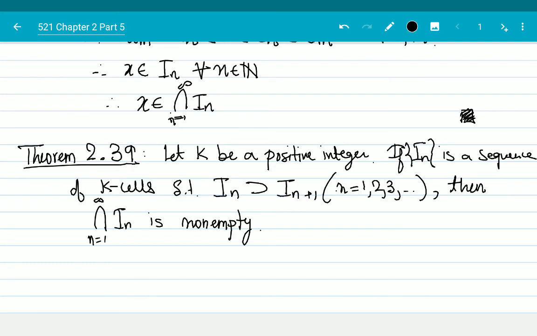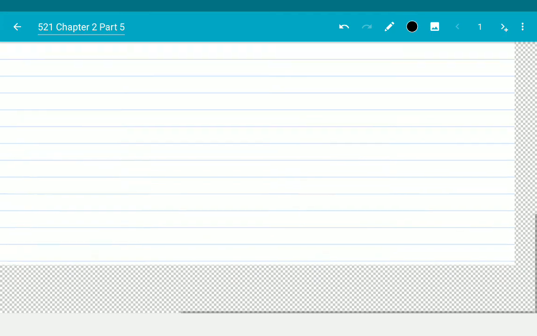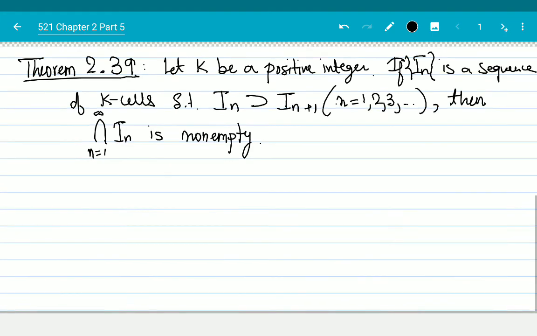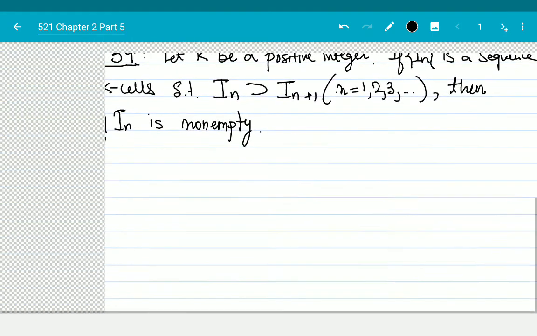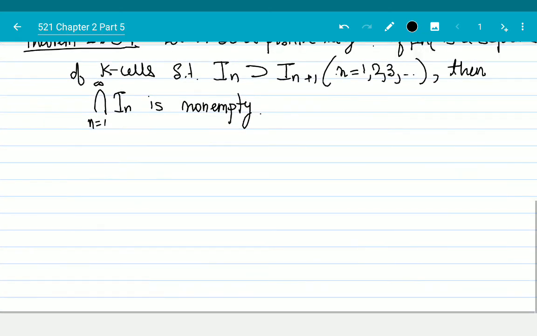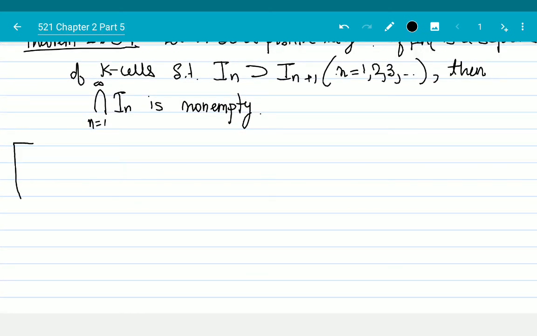Okay, so first of all, I don't remember if I defined a k-cell or not. Probably skipped it because we didn't need to define it.